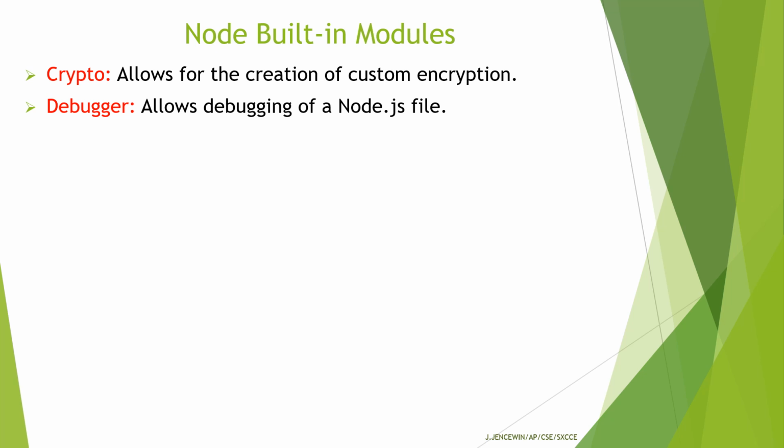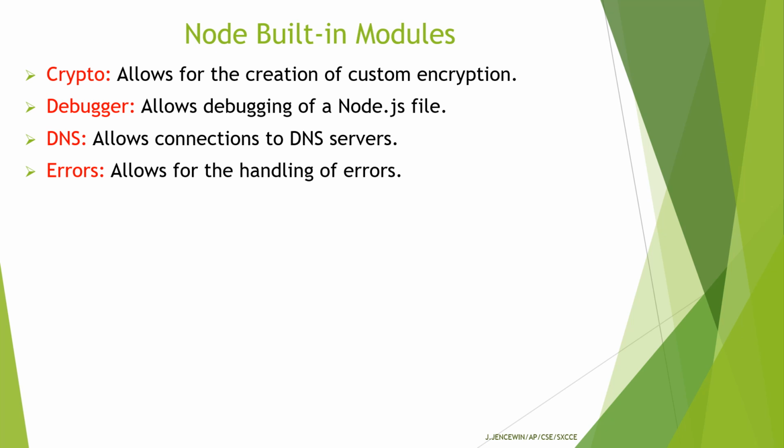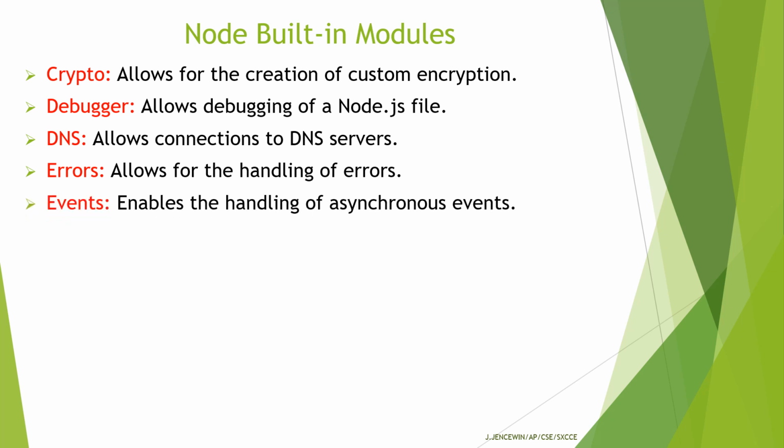interpreting the code one by one. Then DNS, this allows the connection to the DNS server, that is, the domain name server. Errors, this allows different mechanisms for handling errors. Events, this enables the handling of asynchronous events.